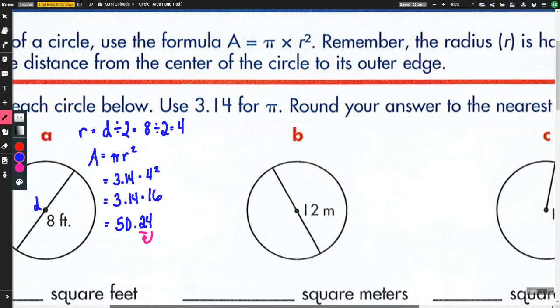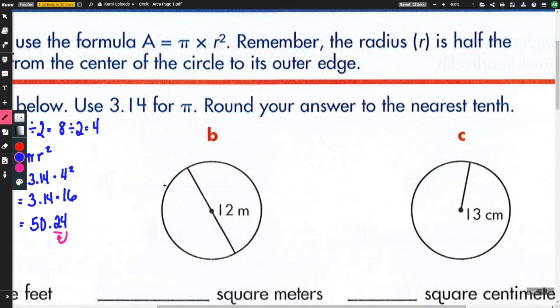Now I'm going to scooch over here, and I see I have 12. And I see that my 12 is a diameter. So again, I have to search for my r by doing d divided by 2, knowing that d is 12. 12 divided by 2 is 6. Got a little ahead of myself there.